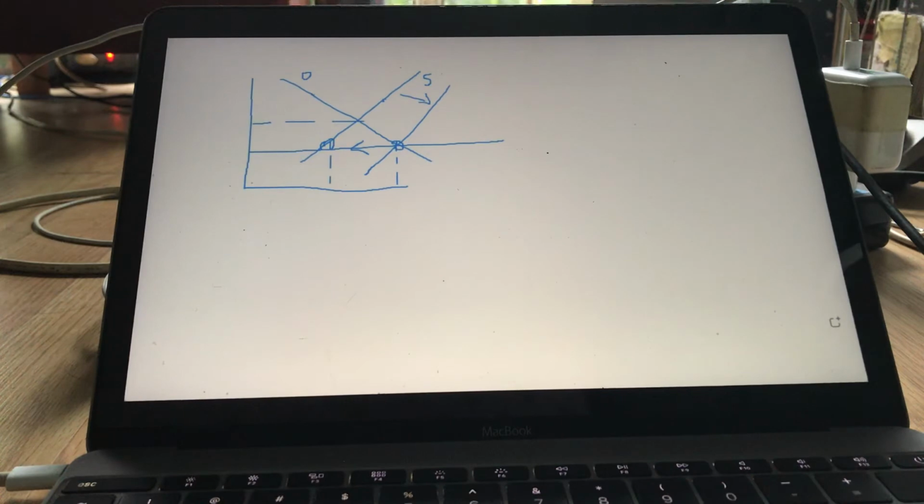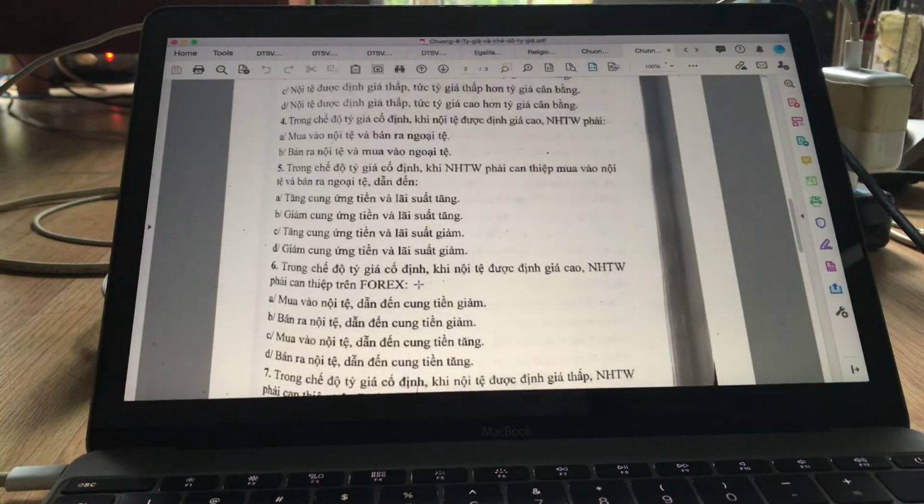Okay, we come back. We still have question 5. Question 5. Okay, time, please. I think the answer is B. B. Reduce the money supply and increase the interest rate.